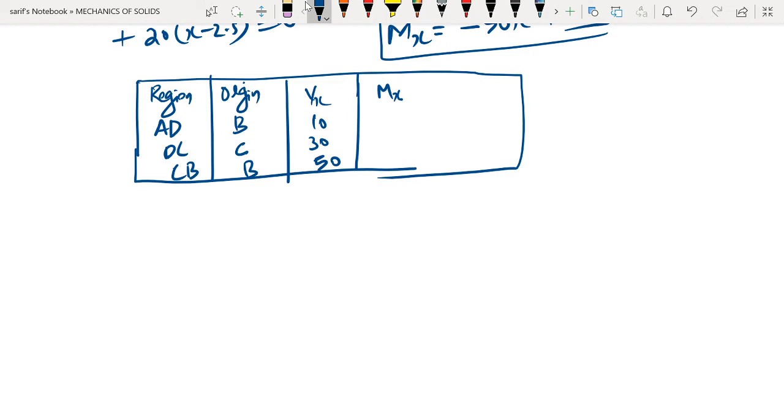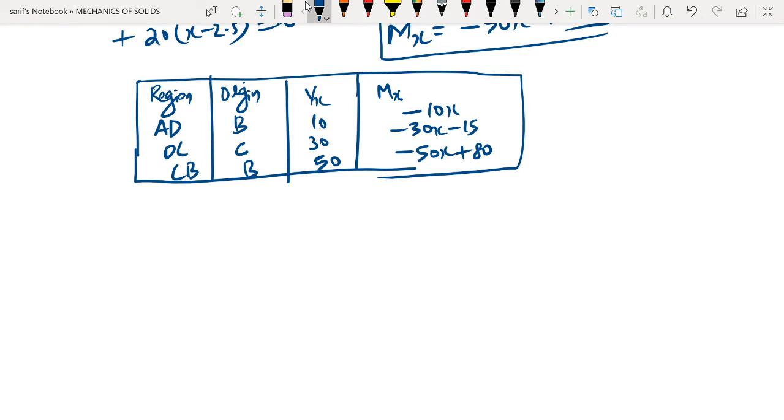For the bending moment, the first one was minus 10x, the second one was minus 30x minus 15, and the last one was minus 50x plus 80. These were the bending moment values.